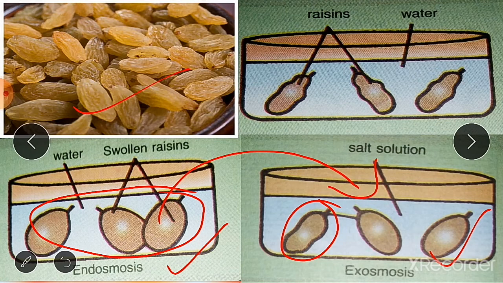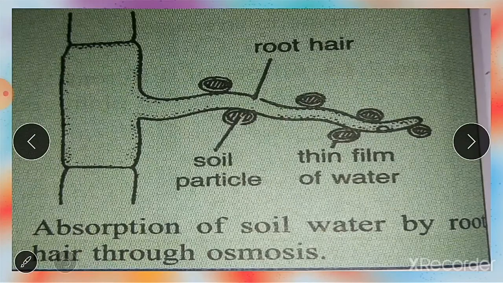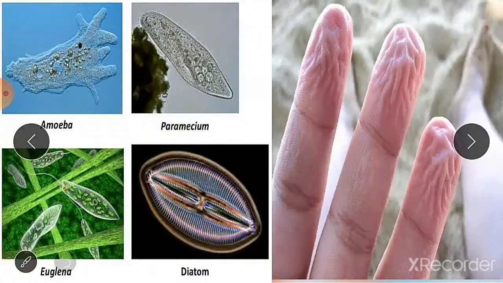Some unicellular freshwater organisms and most of the plant cells tend to gain water through osmosis. Also the roots of plants take up water through osmosis. The root hairs present on the roots help in osmosis, and by this process they take up water.